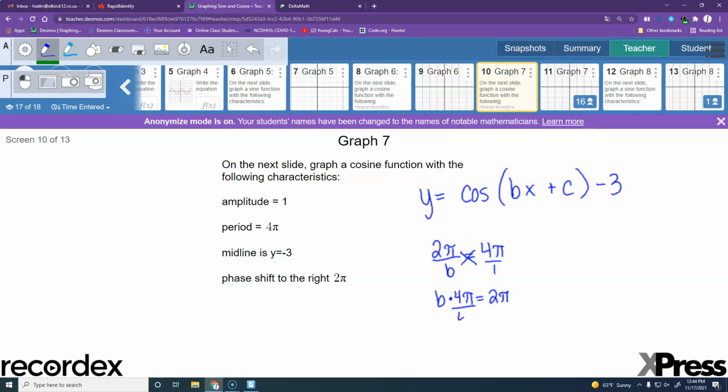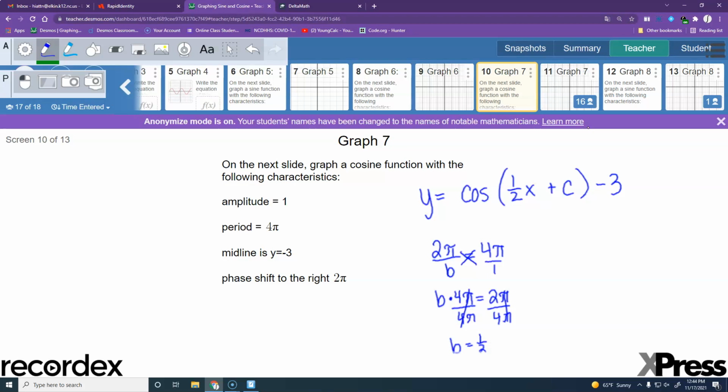I could divide by 4 pi to get b by itself, which means these pi's will cancel, and 2 over 4 is going to be 1/2. So b is 1/2 here. I could put a 1/2, or I could write it as x over 2, but we'll just leave it a 1/2 for right now. So we okay on finding that number for the period?